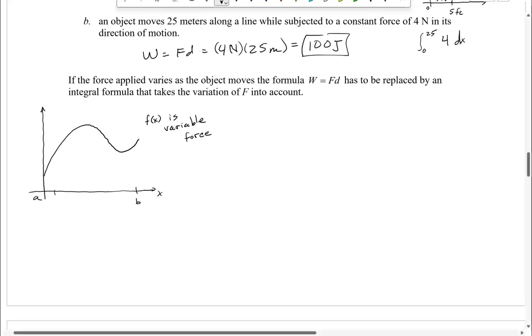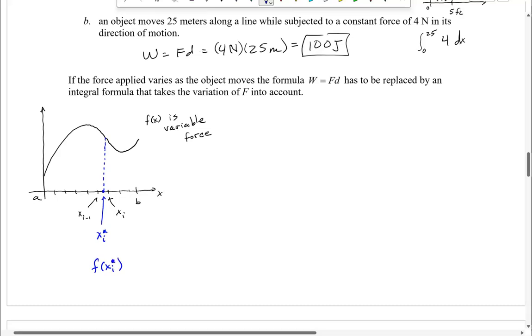Then we can split up this region AB into a bunch of subintervals, and grab, let's say this one, call that x sub i minus 1, and call this x sub i, and then pick an x value in between, any x value in that little subinterval, we'll call it x sub i star, and we can get the value of the force at that point. That's going to be f of x sub i star.